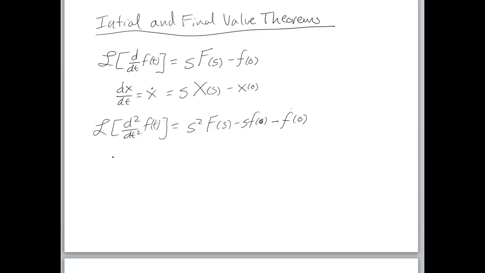So again, if we go back to position, and we have the second derivative of x, that is the acceleration, then if we were to take the Laplace transform, it would become s squared x of s minus s times the initial x position minus the initial velocity. Okay, so let's jump back into the initial and final value theorems.